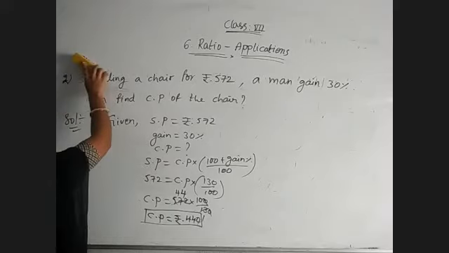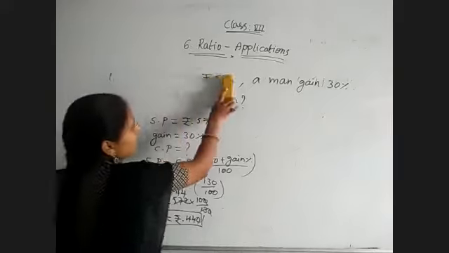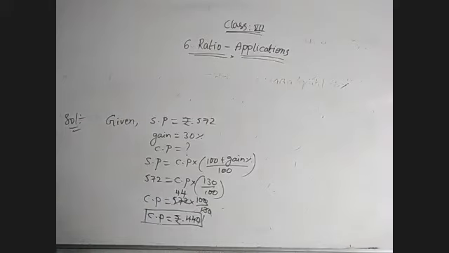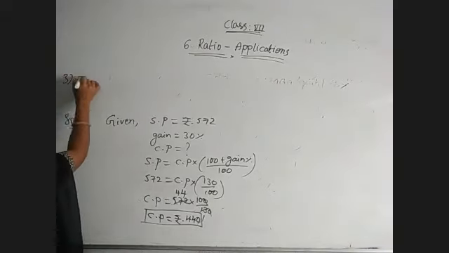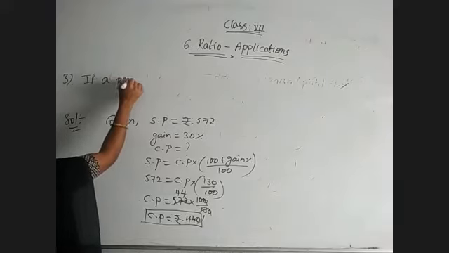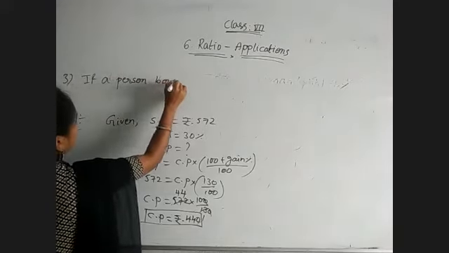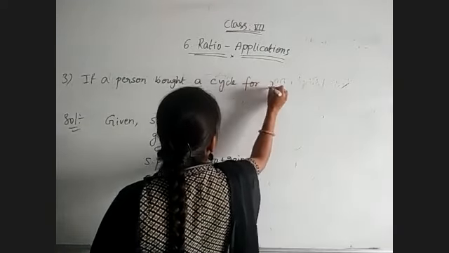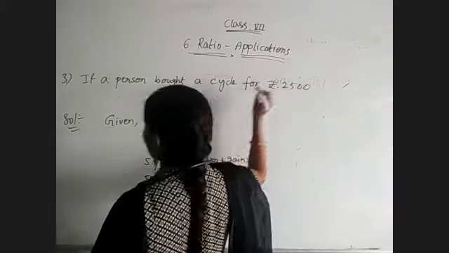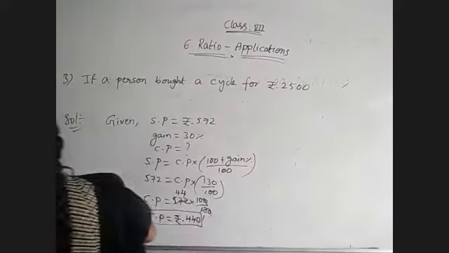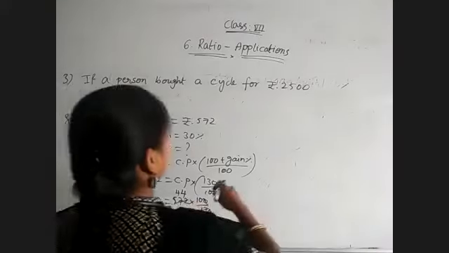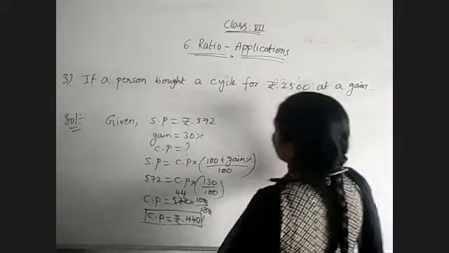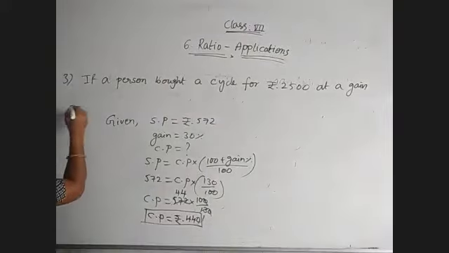Next, coming to another example, depending on this one only. If a person bought a cycle for 2,500 rupees at a gain of 12%.